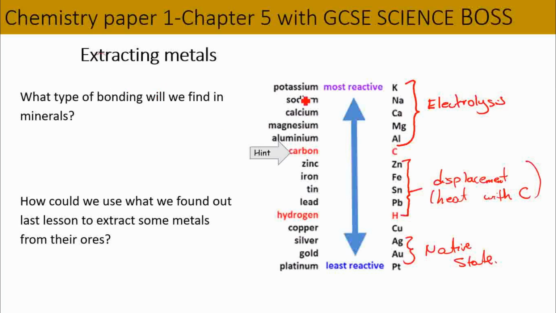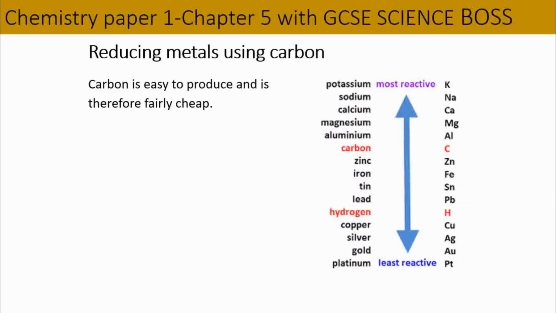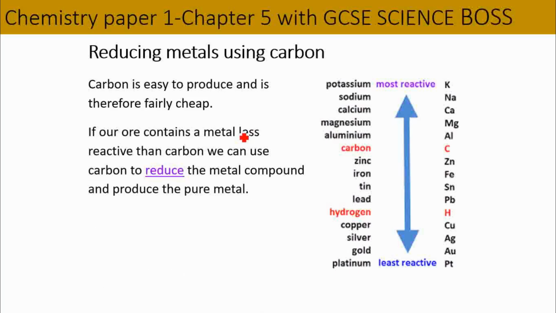Now, the type of bonding that will be found for those minerals here at the top is going to be ionic because it's metals with non-metals. And yeah, so the reason that we use carbon for those in the middle is because carbon is fairly easy to produce and it is in lots of abundance. Carbon is cheap, okay? All right.